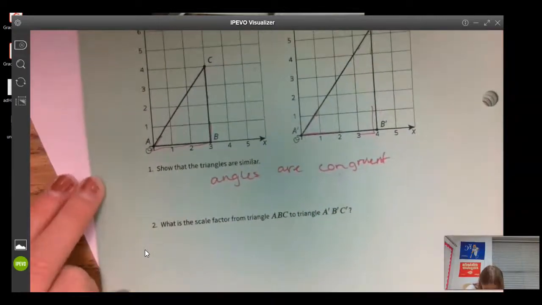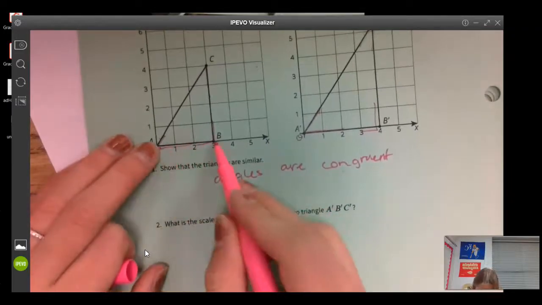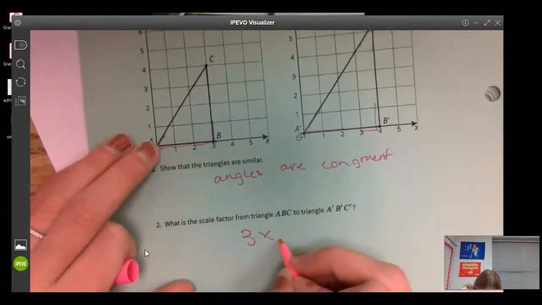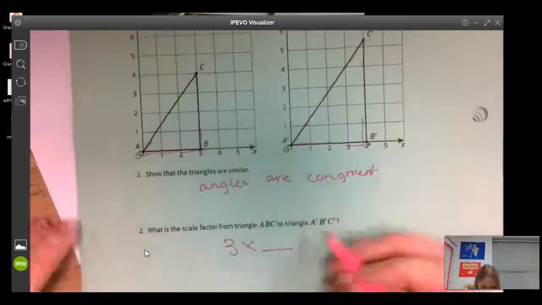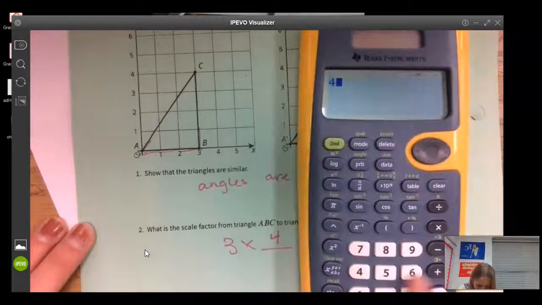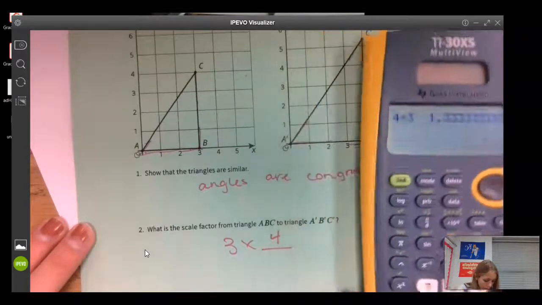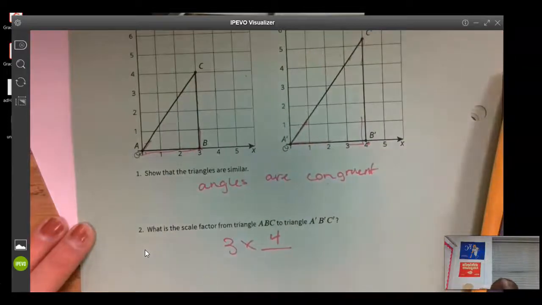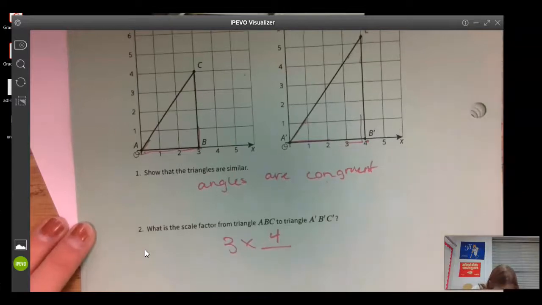Alright, and then what is the scale factor? So we're going from 3 units to 4. So I'm going to take 4 and divide that by 3, and I get 1.33333. Alright.